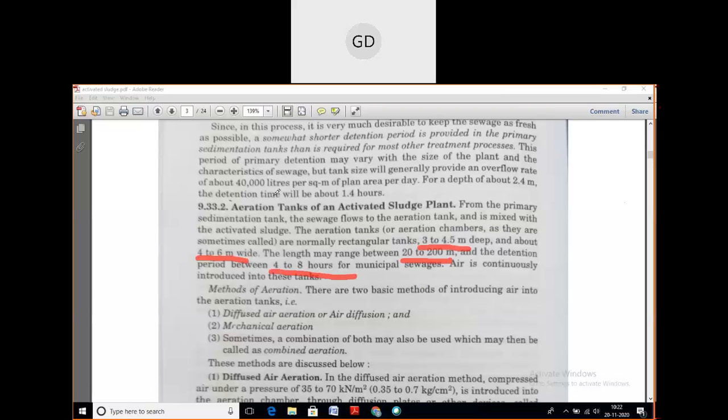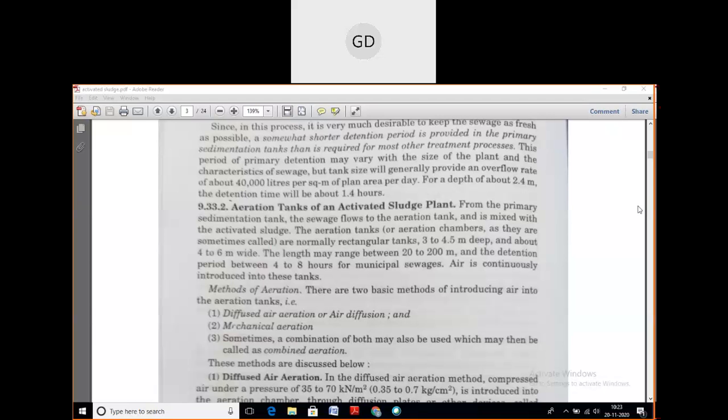So what are the different methods of aeration? There are two basic methods for introducing air into the aeration tank. Number one is diffused air aeration, also known as air diffusion.